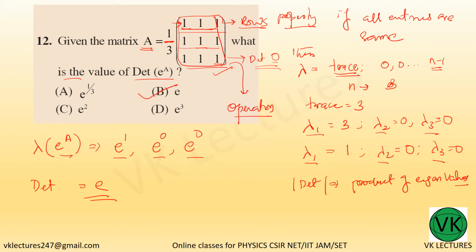Then if you divide by 1 by 3, this lambda also will reduce by 1 by 3. So lambda 1 by 3 into lambda 2 by 3 into lambda 3 by 3. So this is the determinant. If one of them was not 0, you would get a value in this way.